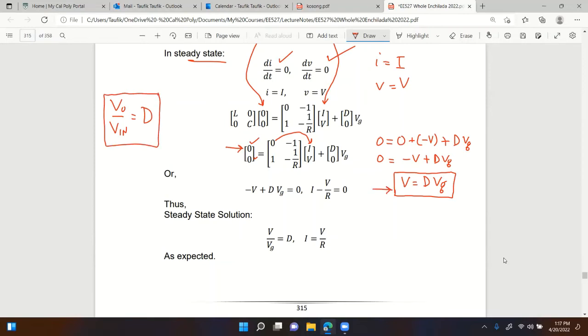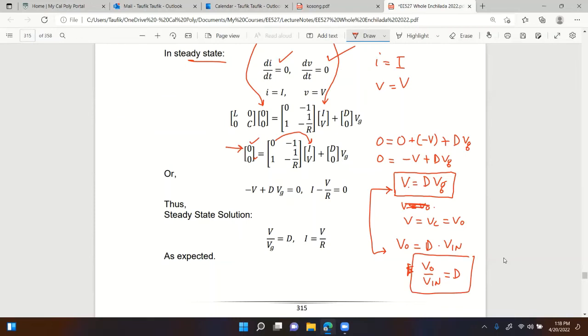So V out, remember V is equal to VC, but VC is the same as V out. So that equation right here is actually V out equals D times Vg. And what is our Vg? Vg is our input. So therefore, you can see that V out over V in is equal to D, as expected for steady state.